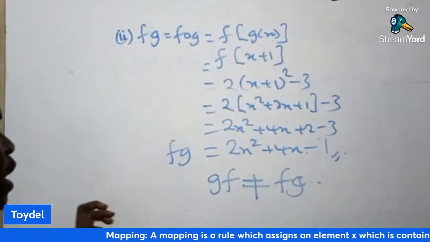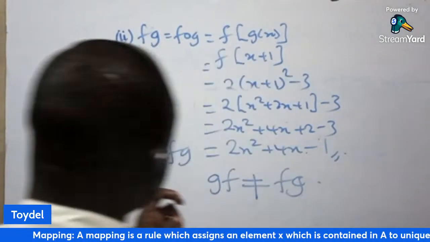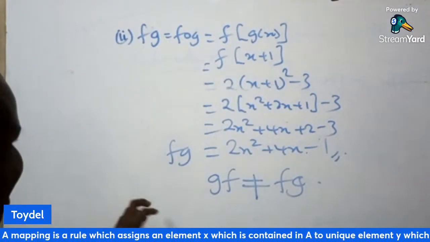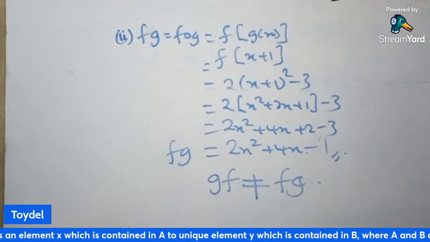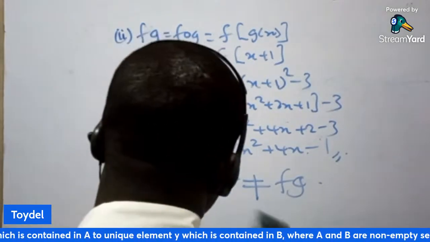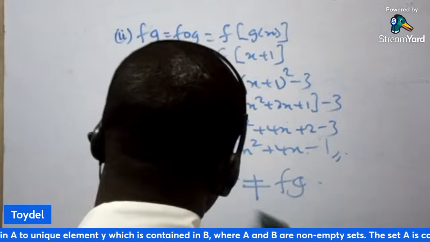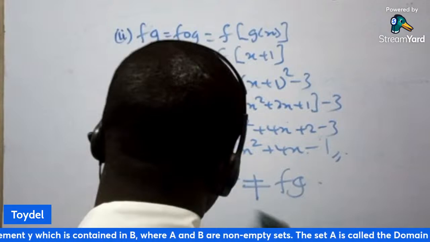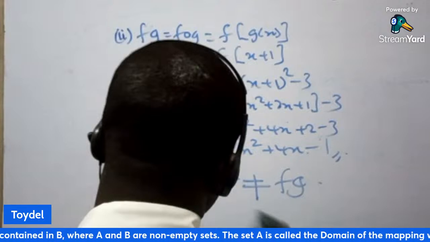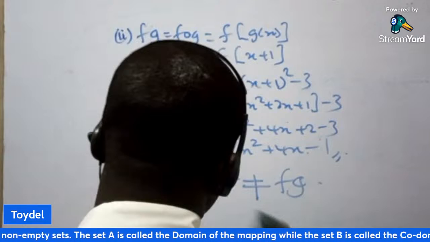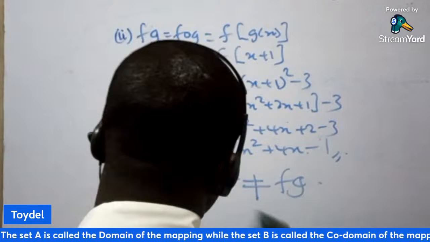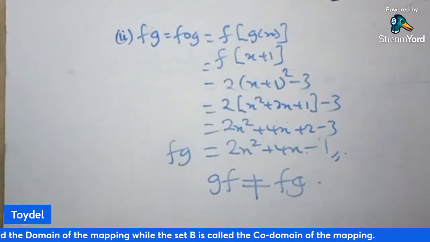But in general, the composition of two mappings is not commutative in general. Of course, in some cases we can have it, but in most cases it is not. So we cannot generalize.